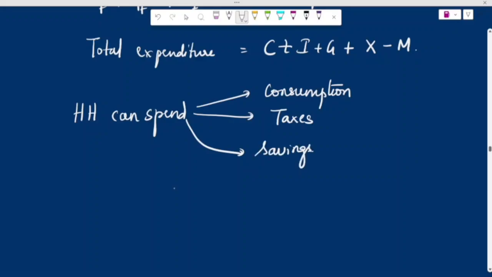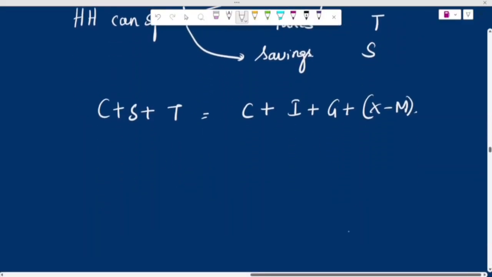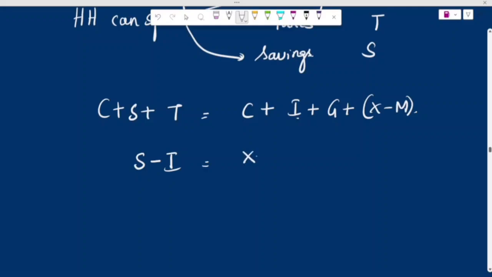So C plus S plus T can be written as C plus I plus G plus X minus M. So S minus I equals X minus M plus G minus T. So here we can see the relation between savings and investment.